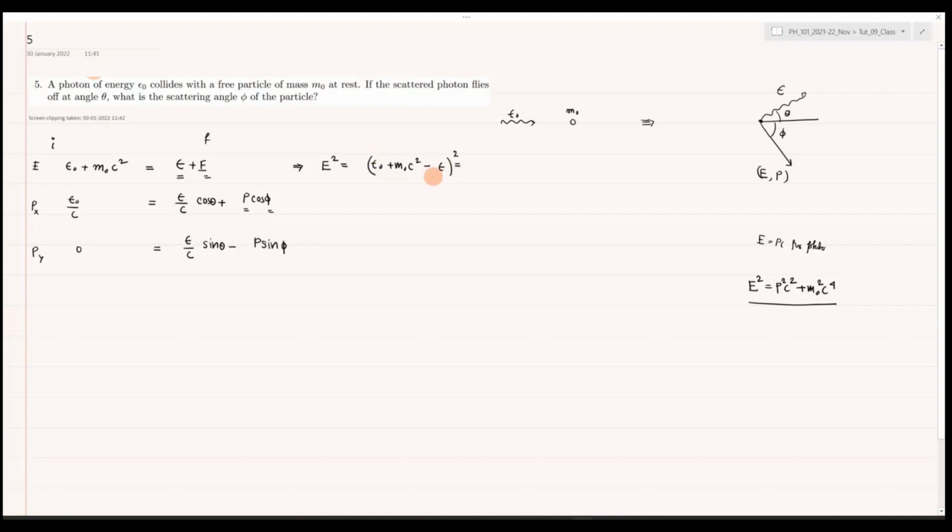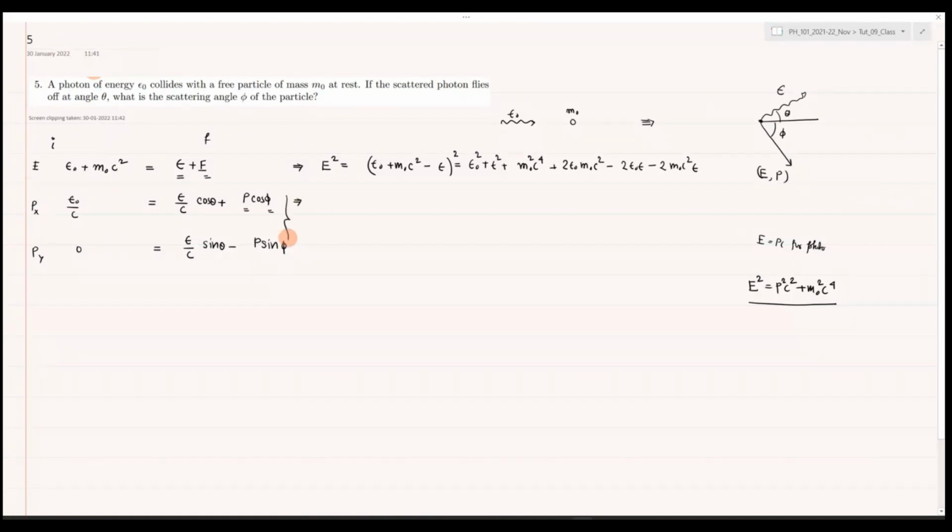If you simplify it, it will become epsilon 0 square plus epsilon square plus m0 square c to the power 4 plus 2 epsilon 0 m0 c square minus 2 epsilon 0 epsilon minus 2 m naught c square epsilon. From this line is clear, right? I am just keeping the E on one side and squaring it. Are you guys with me?